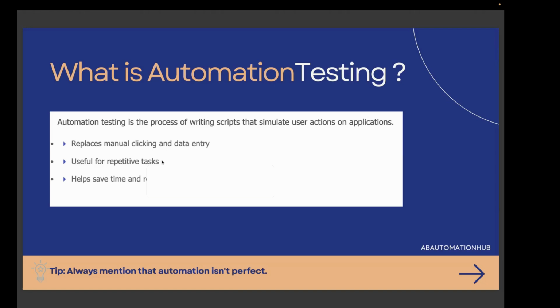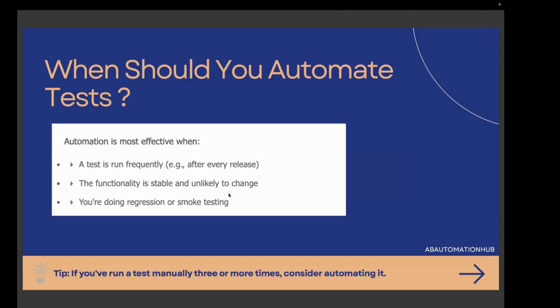Now moving on to the next one, when you should automate a test. This question separates the beginners from the people who actually know what they are doing. While not everything should be automated, that's the first thing to understand and that's the first thing to tell also. You can say, I usually automate when I know I'm going to run the same test case multiple times. For example, especially for regression testing, like I have to test login functionality after every release.